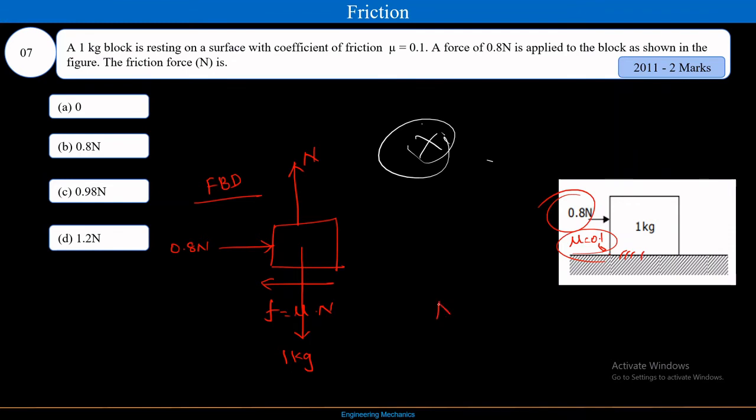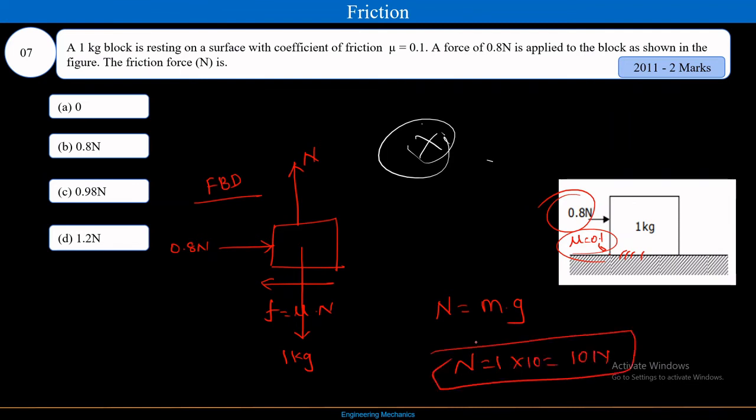First, what is my normal force? N is equal to m dot g, that is 1 into 10, which is 10 Newton. After that, what is my frictional force F, which is equal to mu n? Mu is 0.8, and n is 10, which gives 8. Frictional force is 8 Newton.